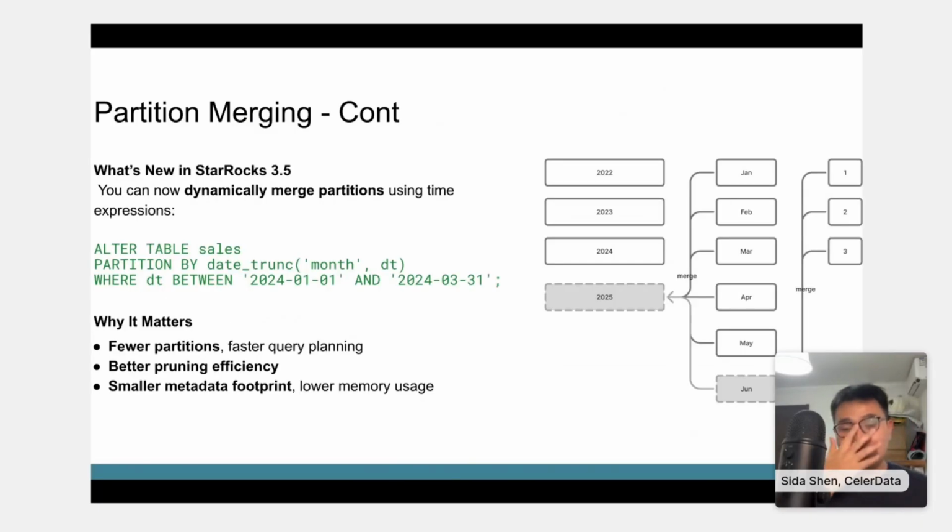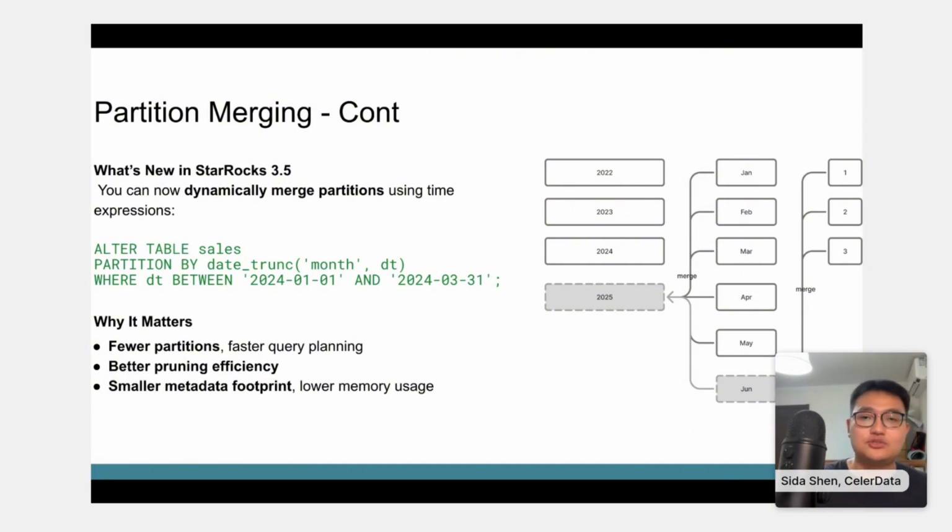So for StarRocks 3.5, we introduced partition merging, right? Now we can dynamically merge partitions using a time expression. Let's say for this example, before, everything was partitioned by date.